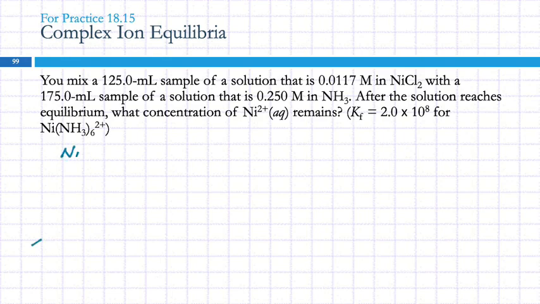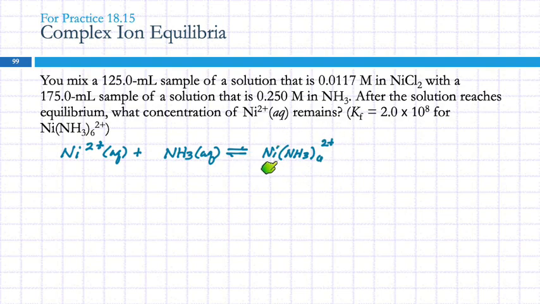So we've got nickel ions, and we've got ammonia molecules, and those are going to be in equilibrium with the complex ion. And then we need to balance this equation. So our complex ion here has 6 ammonia molecules, and so we need a 6 here.